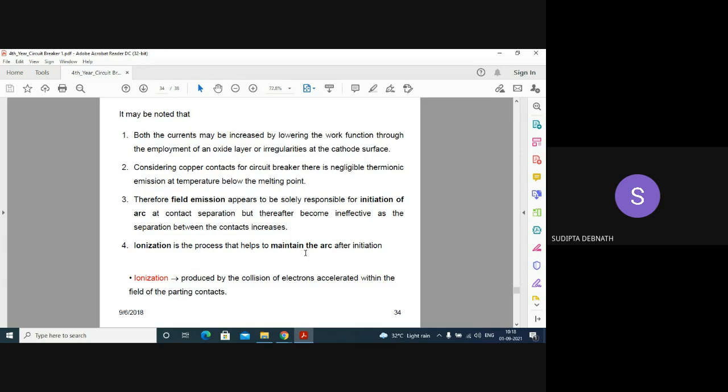The electrons and ions collide against each other, creating more ions and electrons, and that continues. This is ionization produced by the collision of electrons accelerated within the field of the parting contacts. Now there is space for movement because the contacts have separated to a particular distance. So you need to eliminate that ionization process by introducing an arc quenching medium. Clear?